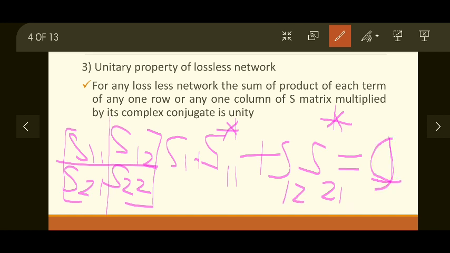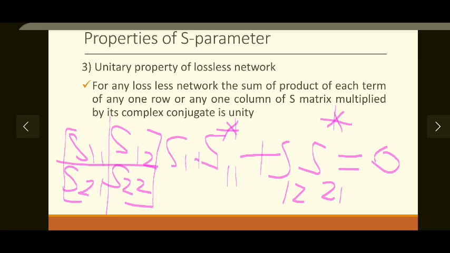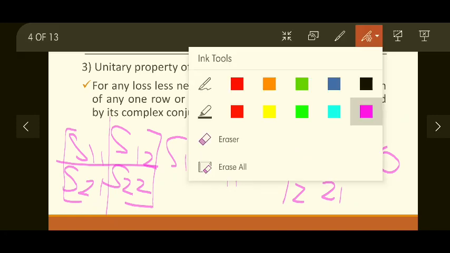That is important to consider. So what is important is considering the same row or the same column. Take any one. The sum of these terms will be equal to 1.